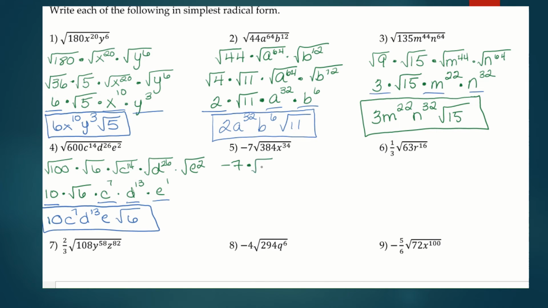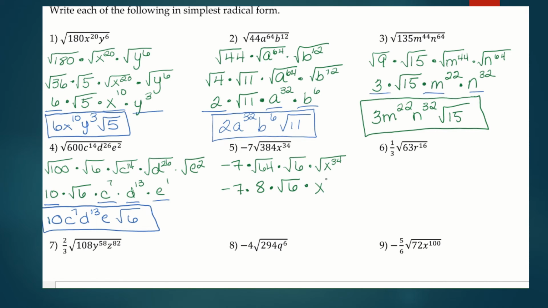Okay, so I can rewrite this as the square root of 64 times the square root of 6 times the square root of x to the 34th power. All right, simplifying everything. Negative 7 times 8 times root 6, because it doesn't come out to something nice and round. And then the square root of x to the 34th power is going to be x to the 17th.